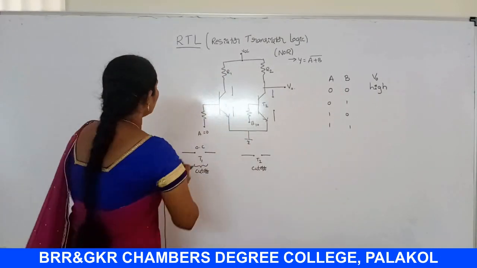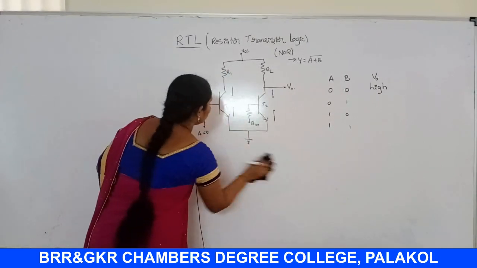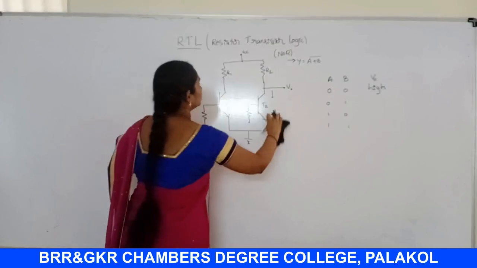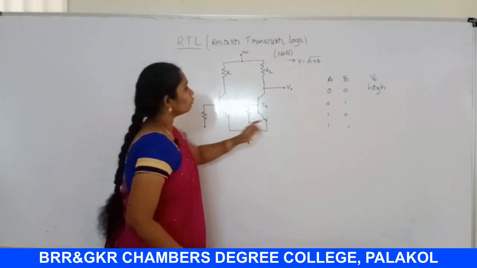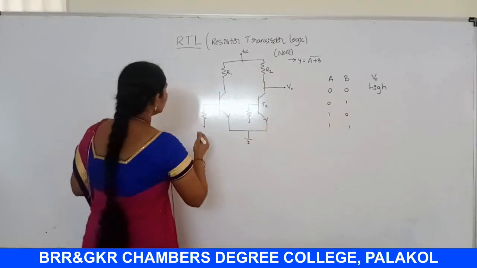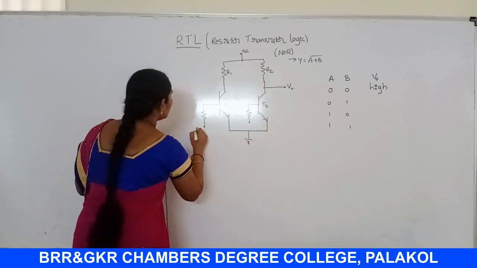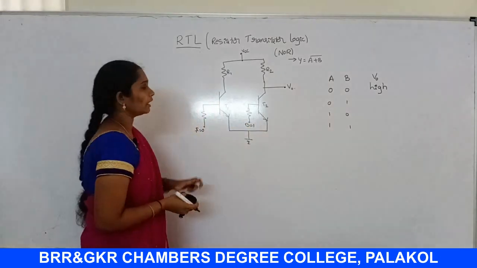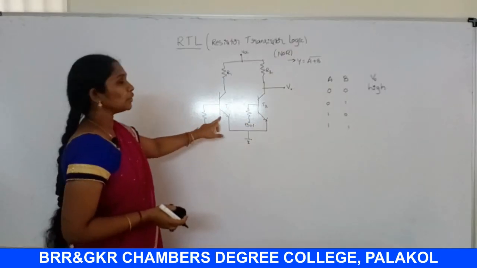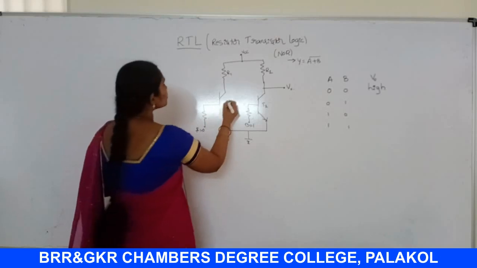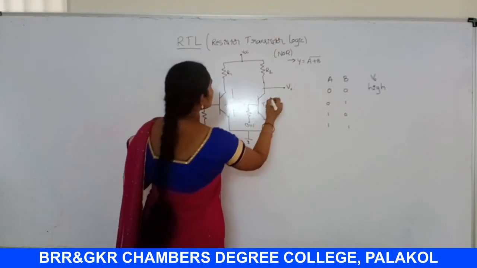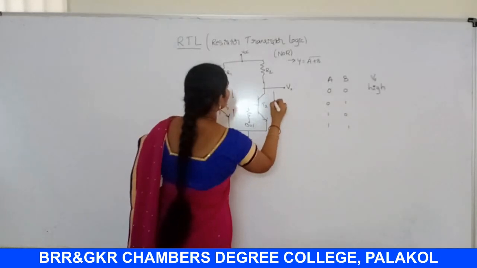The next condition is when we apply 0 1. Here A is equal to 0 and B is equal to 1. A equal to 0 means the T1 transistor is an open circuit and the T2 transistor is a short circuit.